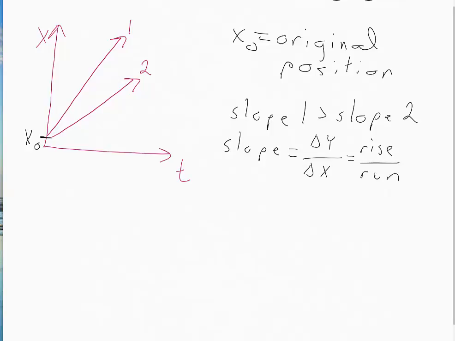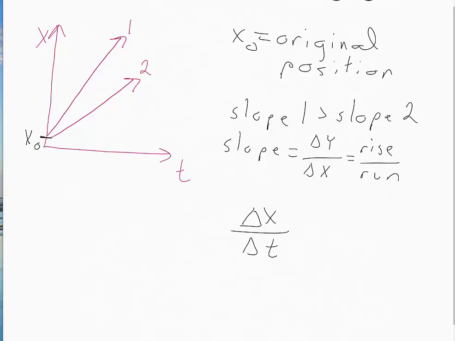Well, let's look at what our y and x values are then. On this graph, our y values are displacements or distances or positions. So our change in y value for this graph is actually a change in position. Our change in x value is a change in time.